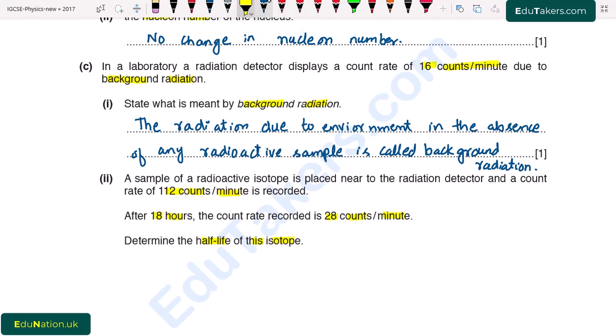When we place a radioactive isotope near the sample, the count rate increases to 112 counts per minute. After 18 hours, the count rate decreases to 28 counts per minute. For this whole situation, we have to find out the half-life of this isotope.